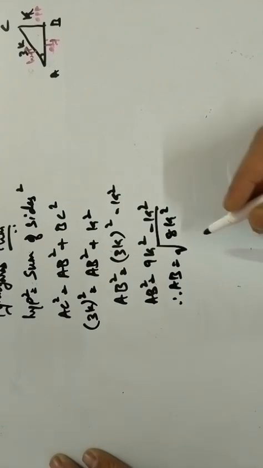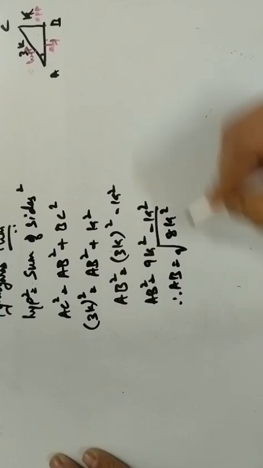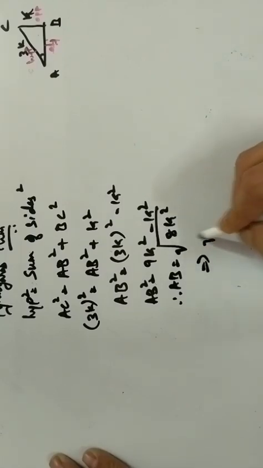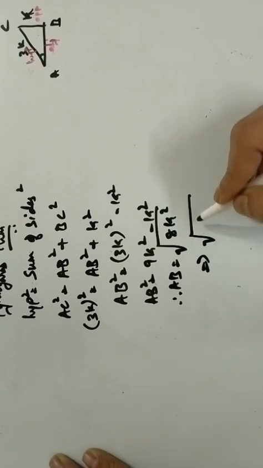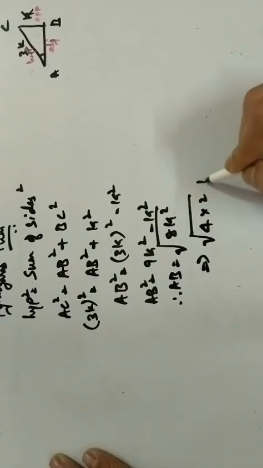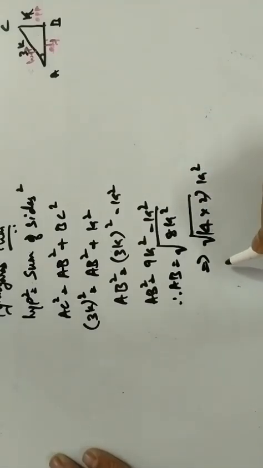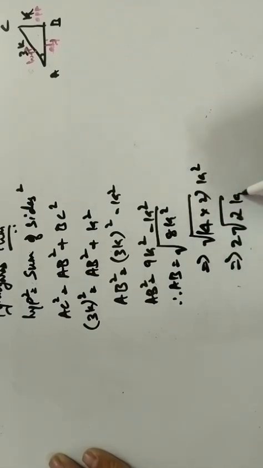Now this can be written as root of 4 into 2k square, isn't it? Now I will take out the 4 outside. It turns out 2 root 2k square.